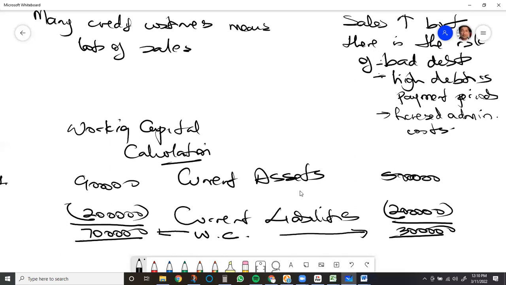Inventory is, say, 200. Debtors, say, 600. And cash is 100.